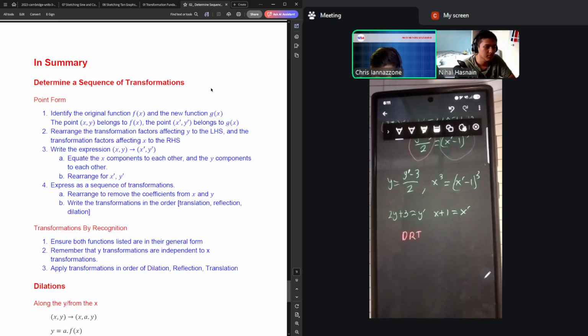So we know we have to do it in the order of D, then R, then T. What are we going to start writing?